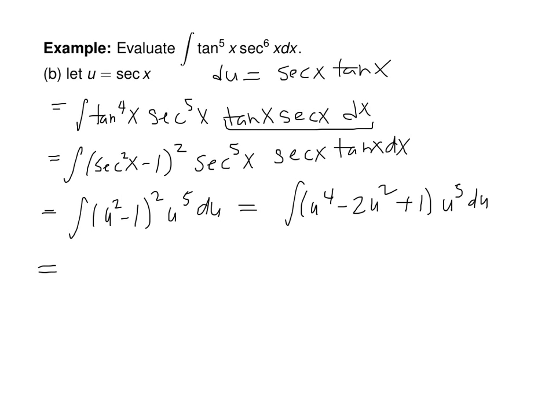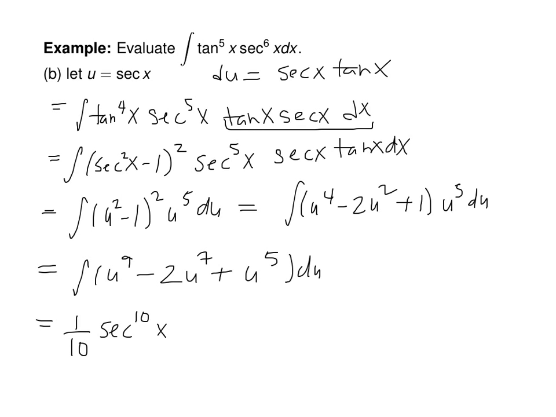And distribute, we have the integral of u to the 9th minus 2u to the 7th plus u to the 5th du. And now anti-differentiate, and we have 1/10 secant to the 10th x minus 1/4 secant to the 8th x plus 1/6 secant to the 6th x plus c.